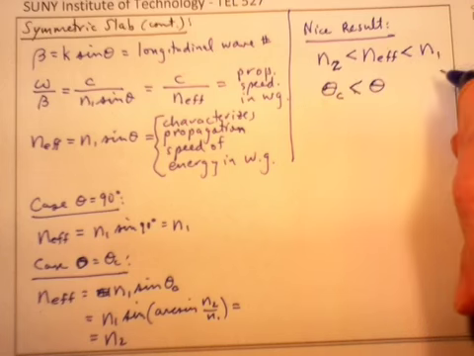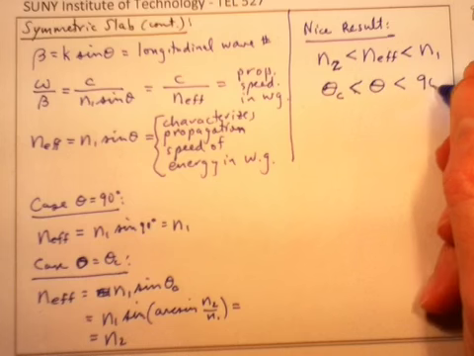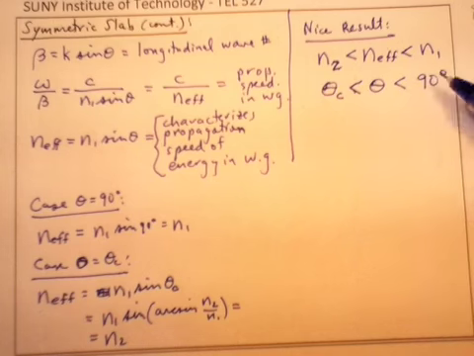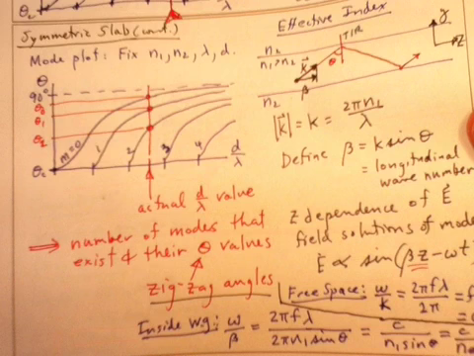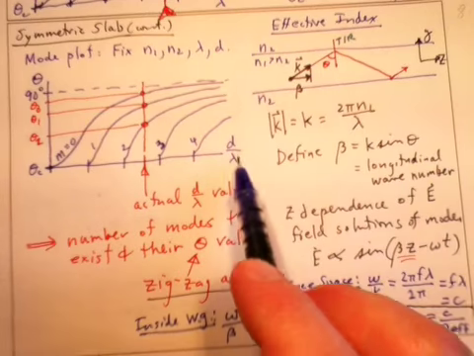Okay, so what I'm going to do then is take my mode plot, which was previously theta versus d by lambda, and redo the vertical axis to be n effective.